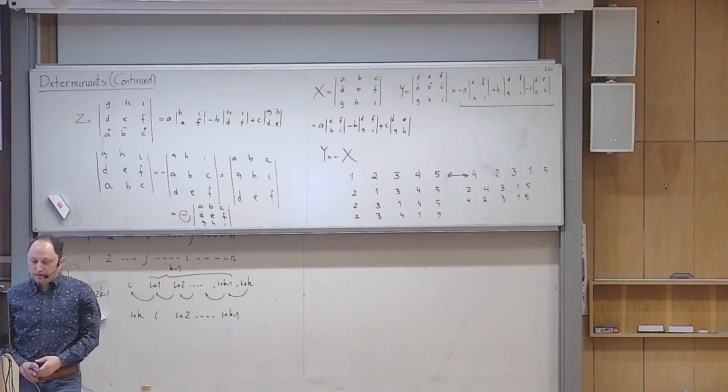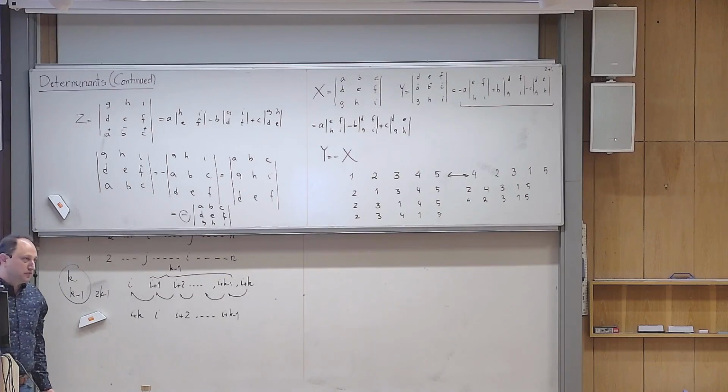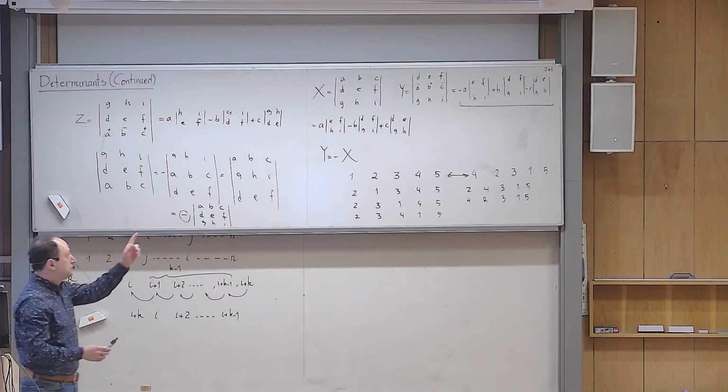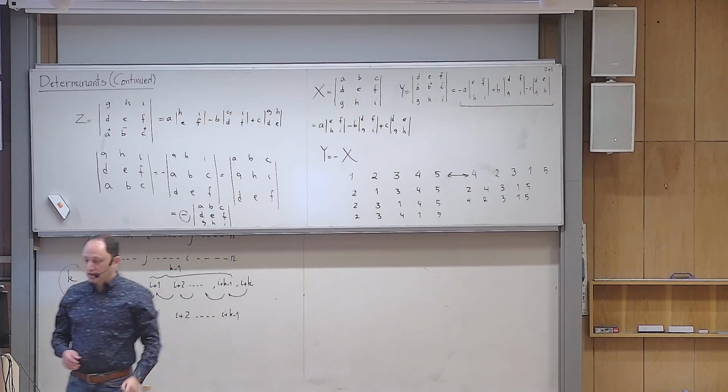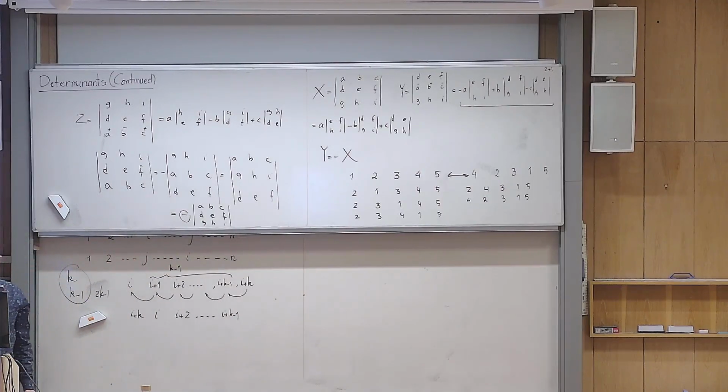But using it is extremely simple. Whenever you see two rows interchanged or two columns interchanged, and the proof for the columns goes exactly the same way, then what you get is that these determinants are related together like this.